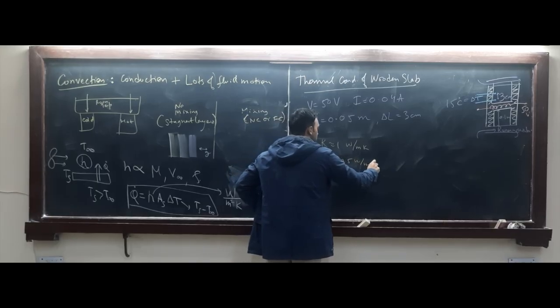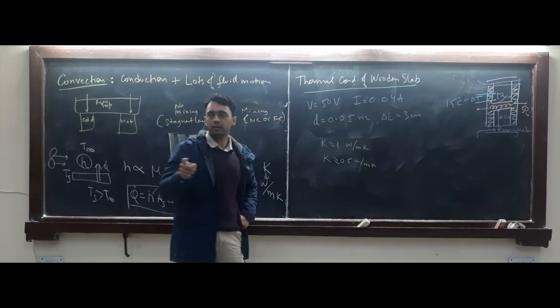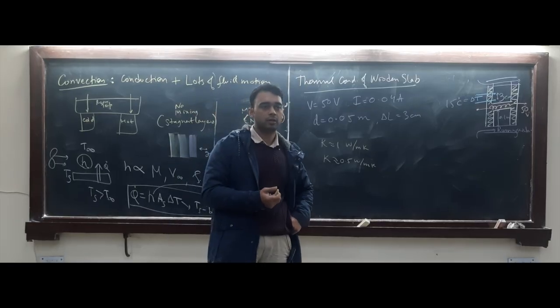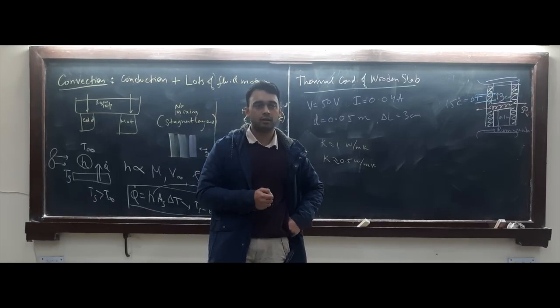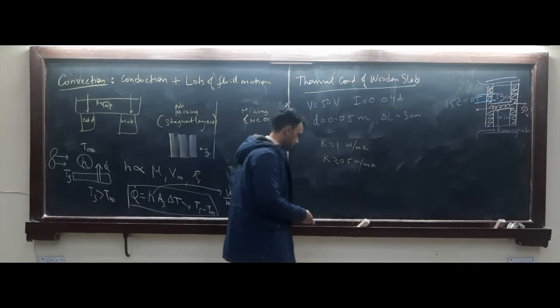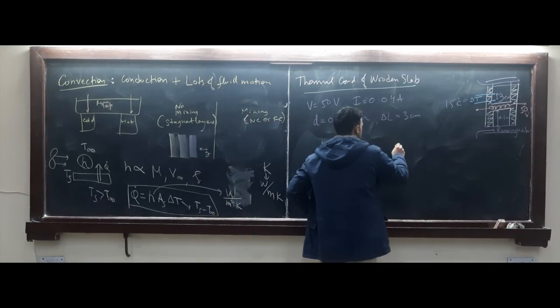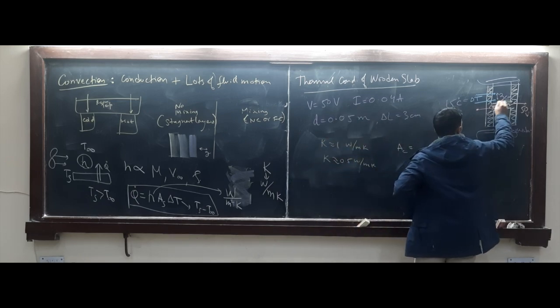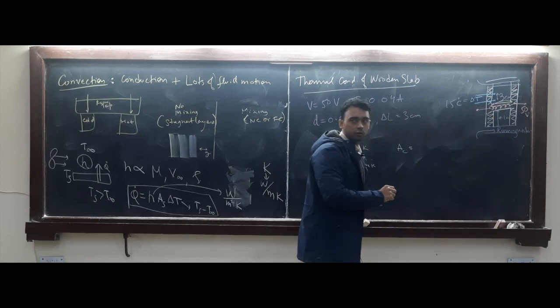Which is correct. So now what did you do and what did you do? Sir, I halved the Q that was generated by the resistor. Did you half the Q? Then how come we are getting different answers? What is the area that you got? The cross-sectional area would be this one? Pi d square by 4.